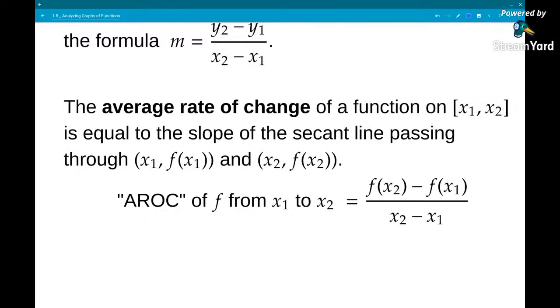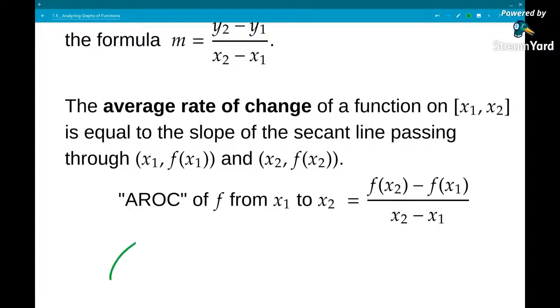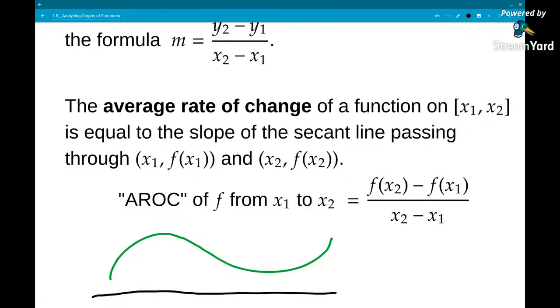Right? So I'm going to let you read it and digest it, but I'm going to draw one last picture. Suppose I have a curve like this, and I say this is x1 right here, and this is x2 over here in the future.